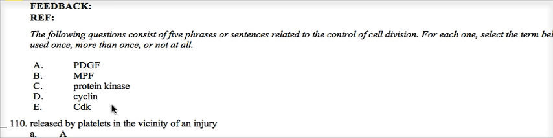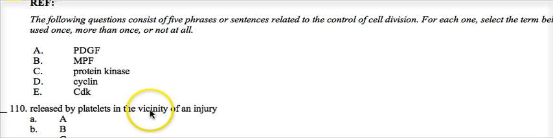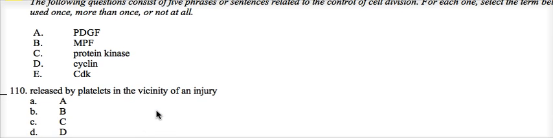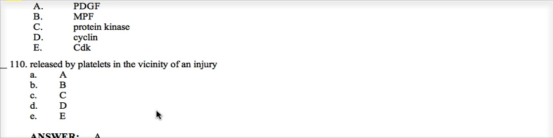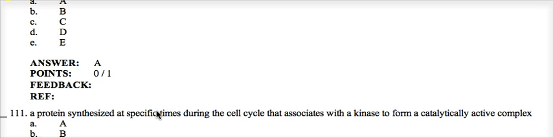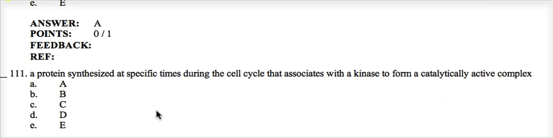So let's look at a few of these because I think it's important. Released by platelets at the vicinity of an injury. Well, it has platelets in the name, so yeah, that's A. All right. A protein synthesized at specific times during the cell cycle that associates with a kinase to form a catalytically active complex.